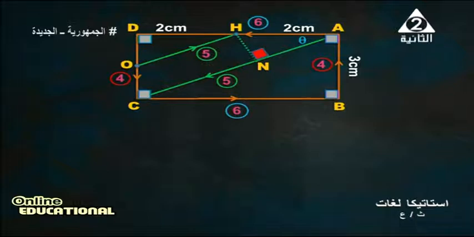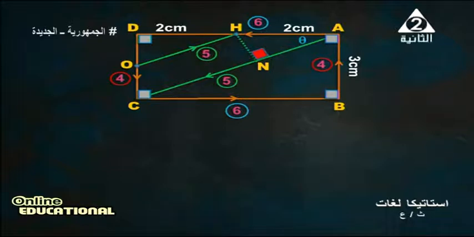But remember, we have 2 other forces, 5 and 5, and the distance between them is HN. What is the length of HN? Remember, H is the midpoint of AD. Therefore, AH equals 2 centimeters. Let angle HAN be theta. Then HN equals 2 sine theta.